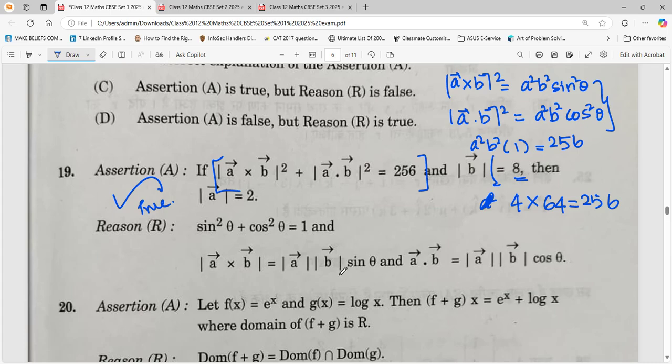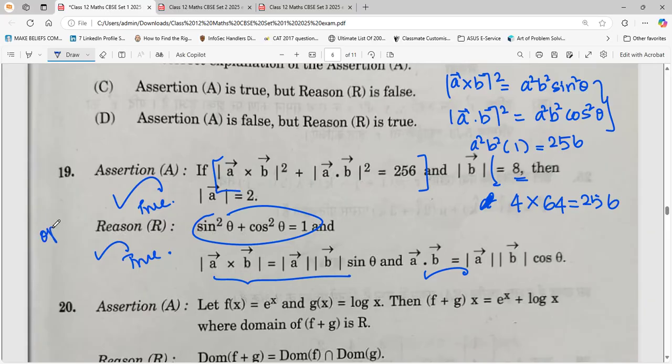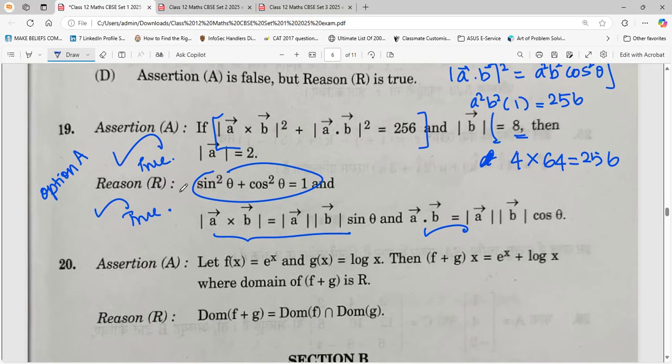That's correct, and so the reason pretty much sums up whatever the assertion is trying to say. So whatever the reason is, it is correct. So R is also true, and R is the correct explanation for the assertion. So it should be option A for the 19th question. Reason is the actual explanation for the assertion statement.